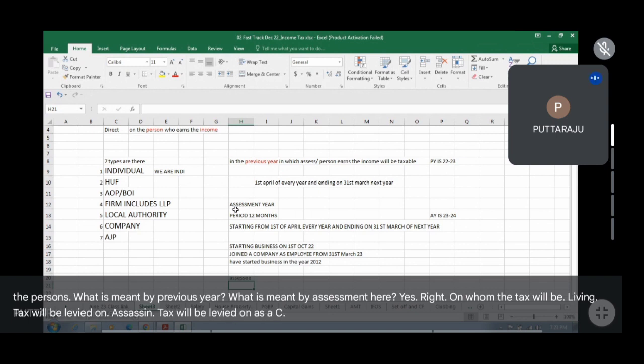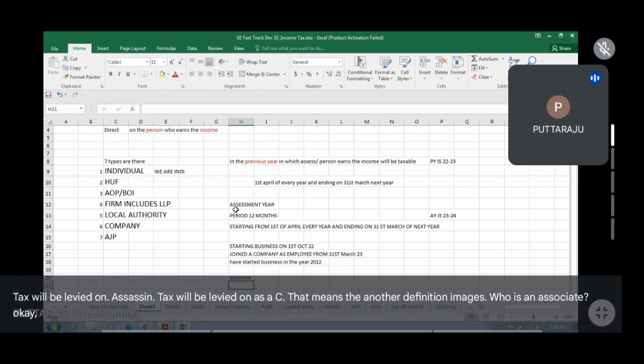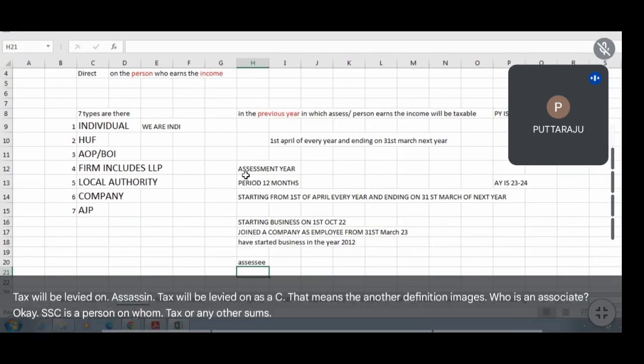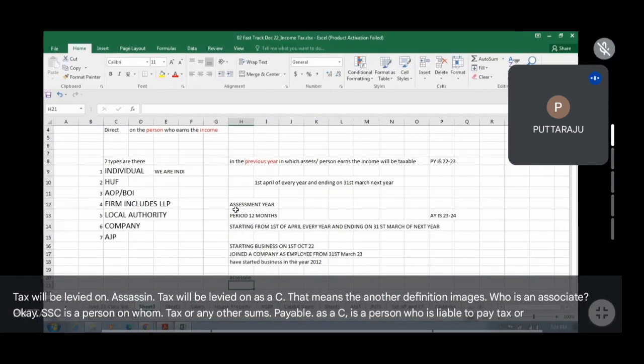That means another definition emerges. Who is an assessee? Okay. Assessee is a person on whom tax or any other sums are payable. Assessee is a person who is liable to pay tax or any other sums.